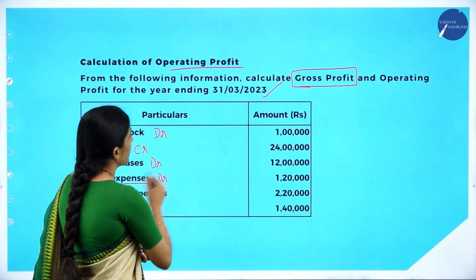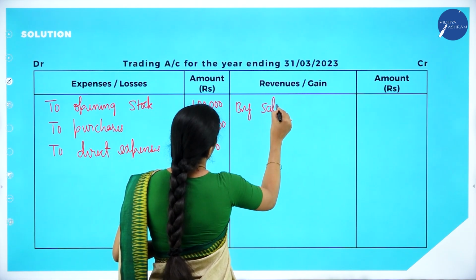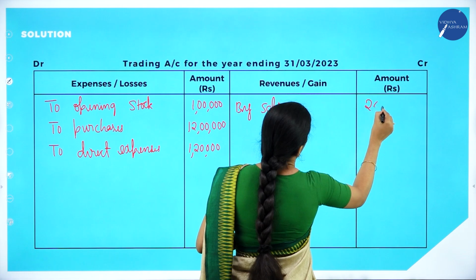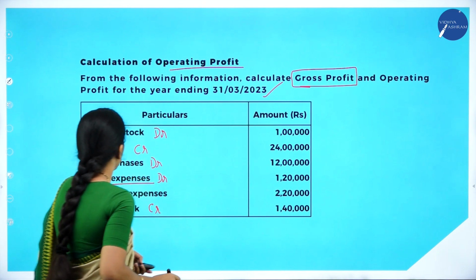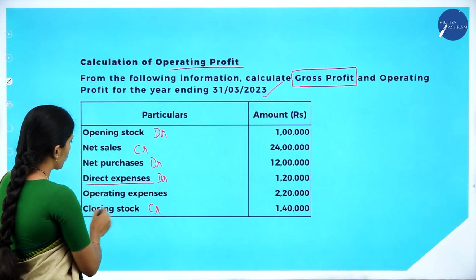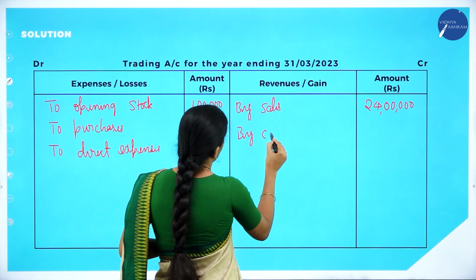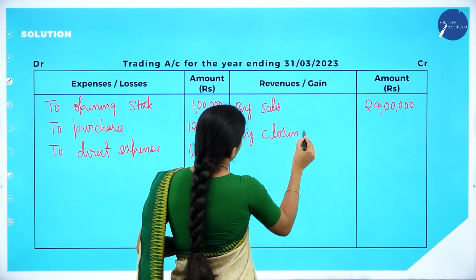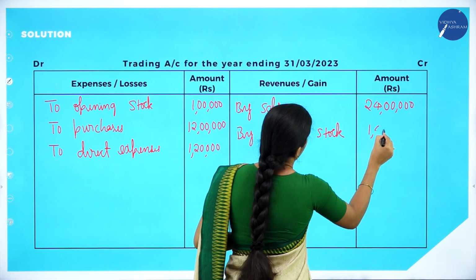So we shall start with sales 24 lakh. So by sales 24 lakh and we have by closing stock. So closing stock is 1,40,000. By closing stock 1,40,000.